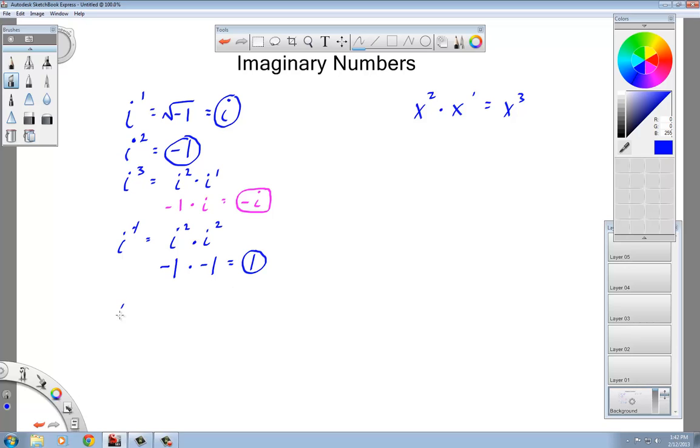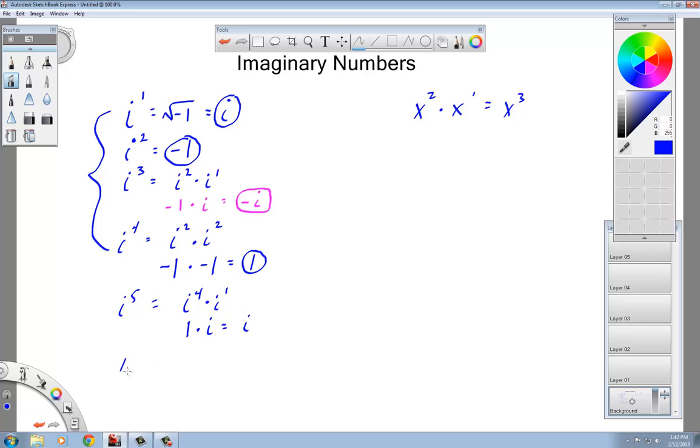So if I look at i to the fifth, well, that's just i to the fourth times i to the first. What was i to the fourth? 1 times i to the first, which was i. So 1 times i is i. And we see the cycle of 4 starts repeating.